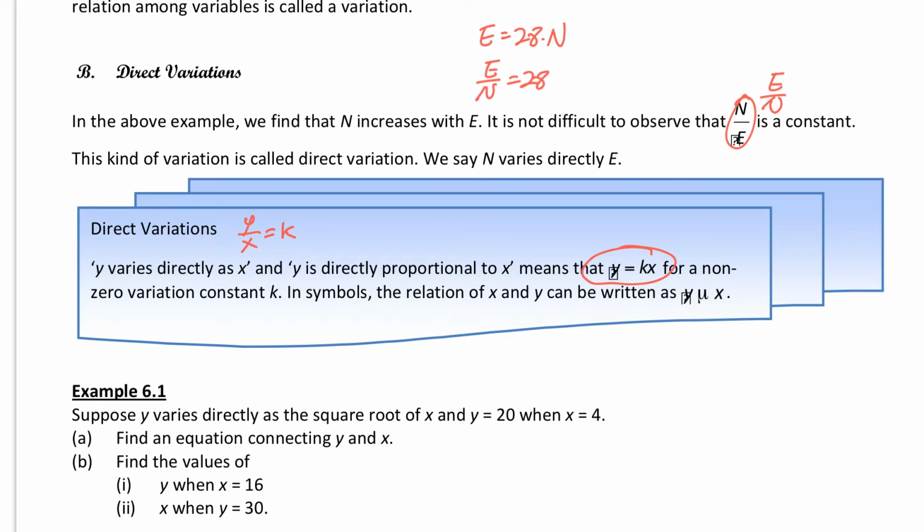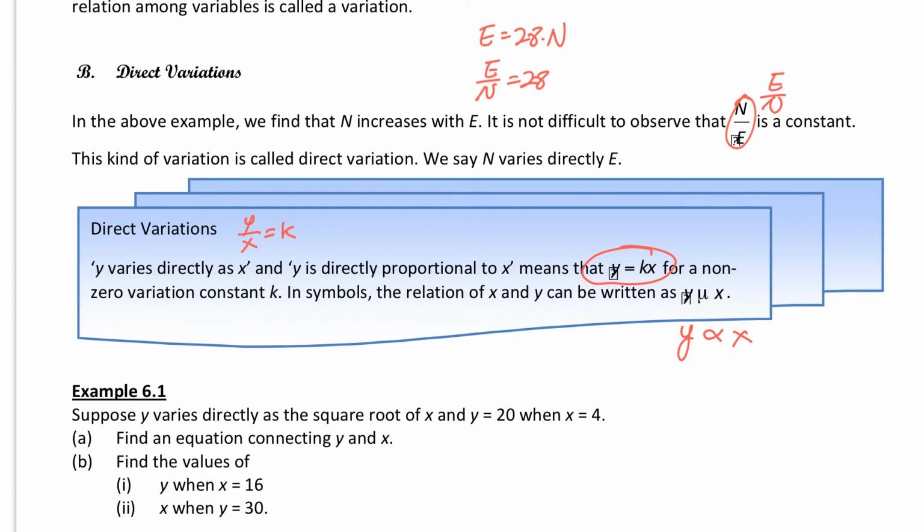In math, we can use this symbol to represent direct variation. This notation means y is directly proportional to x, y varies directly as x. That means y over x is equal to a constant. x over y is also equal to a constant.